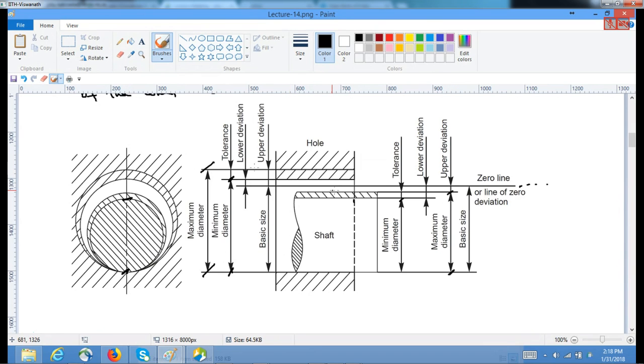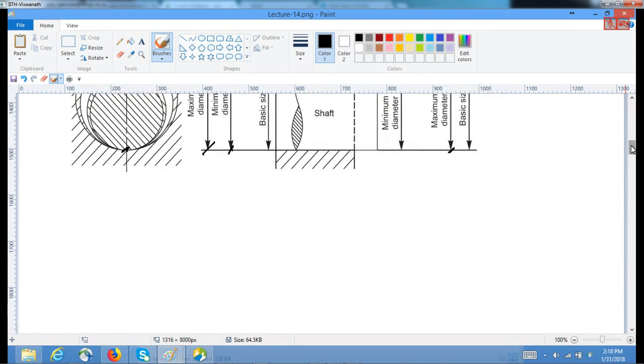And based on this nomenclature, we'll define certain definitions, so that based on these definitions we'll come up with a quantification as per the international standards.